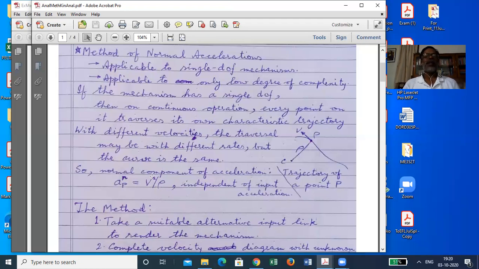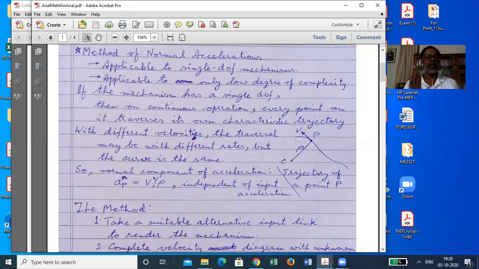It is dependent only on the velocity. Fine. And this is the key with which, even without knowing the rest of the acceleration, the normal components of the absolute accelerations we can figure out, and that helps in constructing the acceleration diagram.